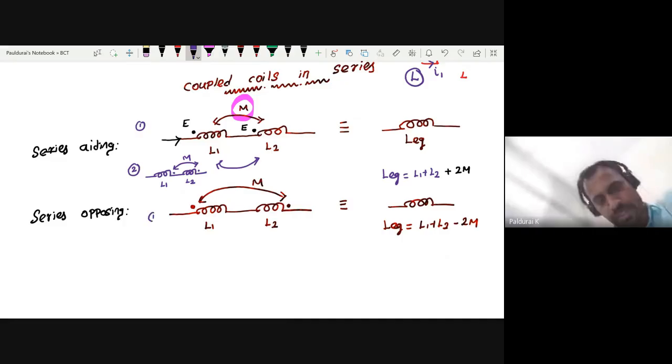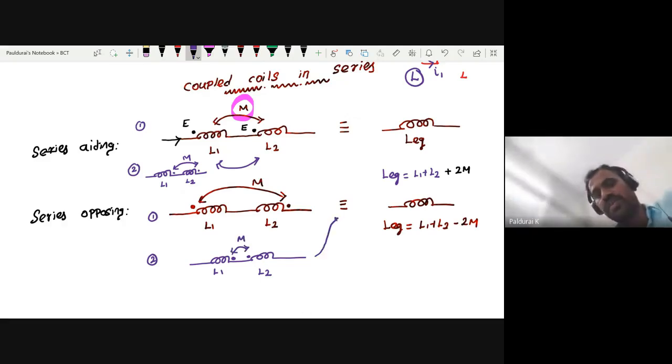So this is my series opposing, 1 and 2. I can draw here, I have enough space. This is L1, L2. This time here leaving, here entering. Even like this it is the same. For these two cases, case 1 is series aiding, this is series opposing. Got the idea?